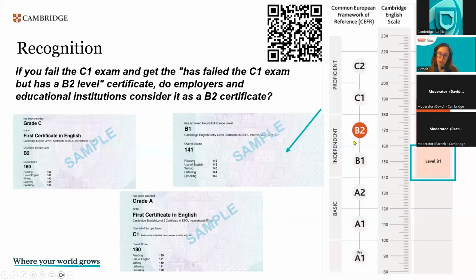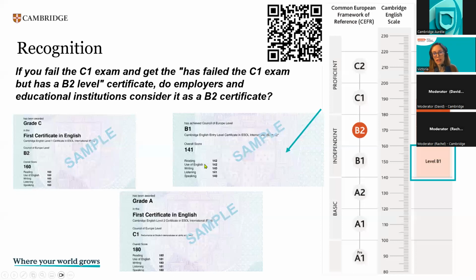What is the other option? The other option is that you didn't reach 160, you remained below that level. And then you showed that your ability is at B1. Okay, and in that case, you will receive a certificate, but showing a Council of Europe level B1.